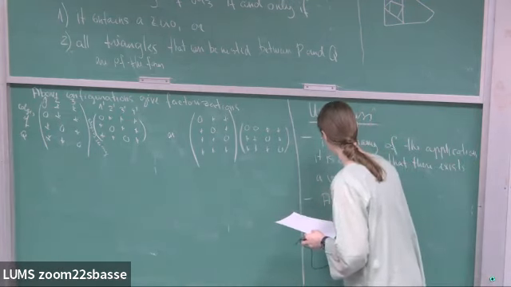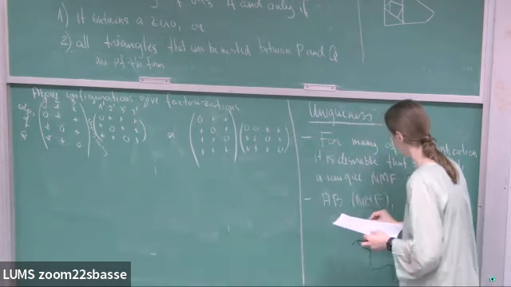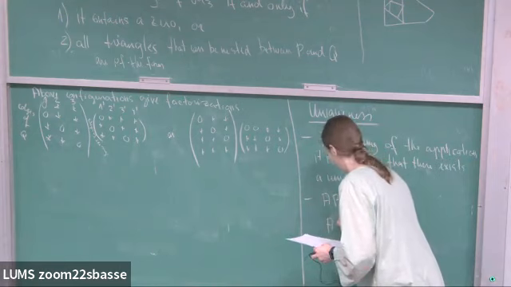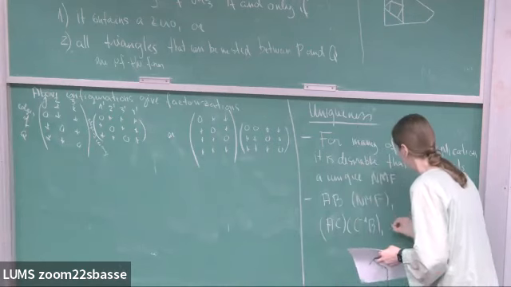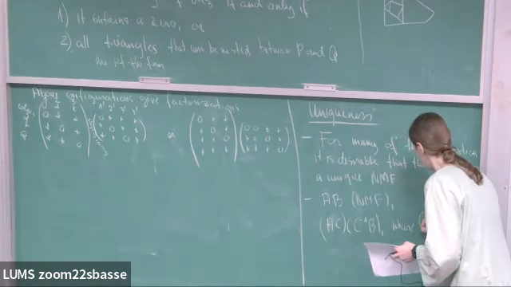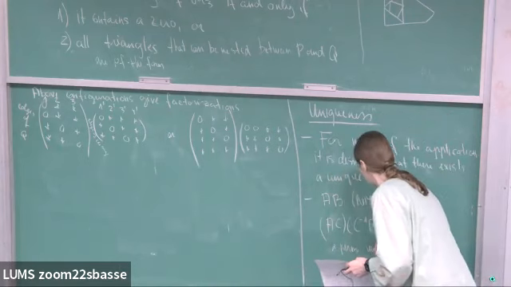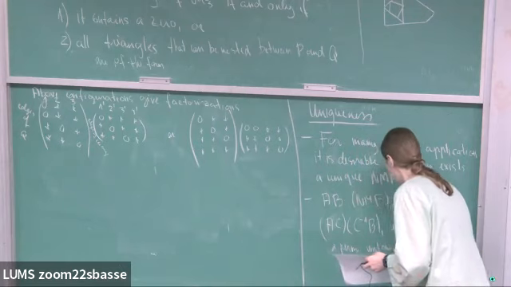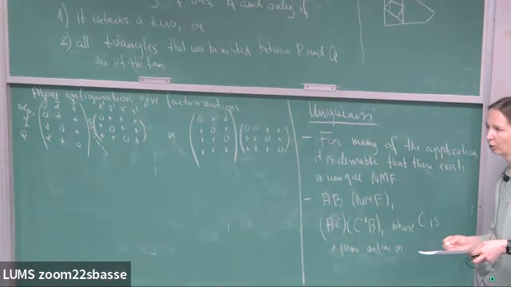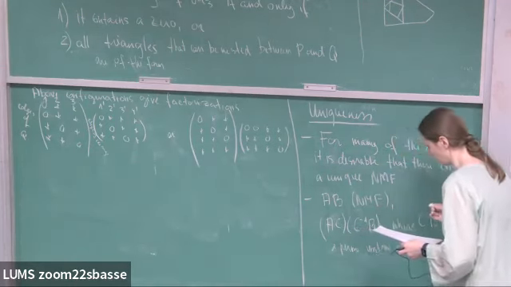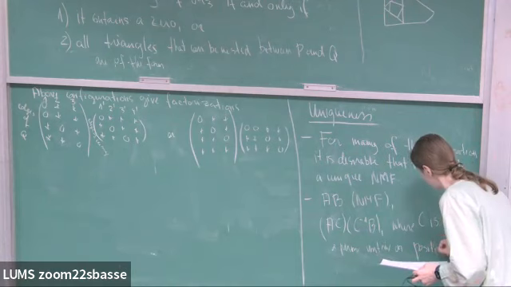So if you have a non-negative factorization A and B of a matrix M, then also this will be a non-negative factorization where C is a permutation matrix or a diagonal matrix with positive entries, or positive scaling matrix.